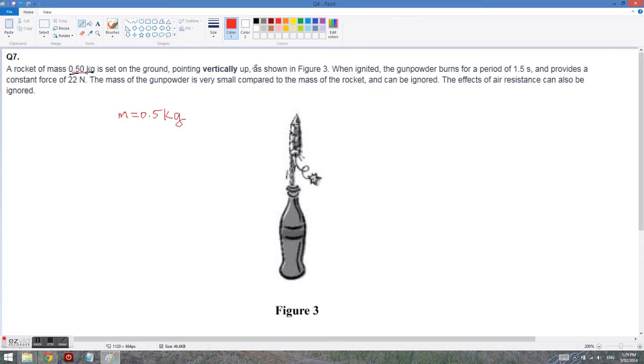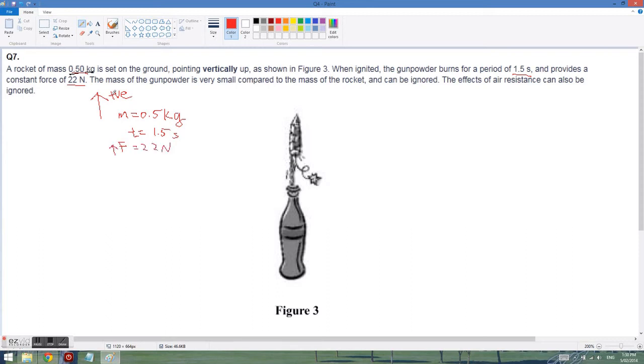Here, it's pointing vertically up, so this is your positive. Now the gunpowder burns for a period of 1.5 seconds and provides a force. So the upward force will be 22 newtons.